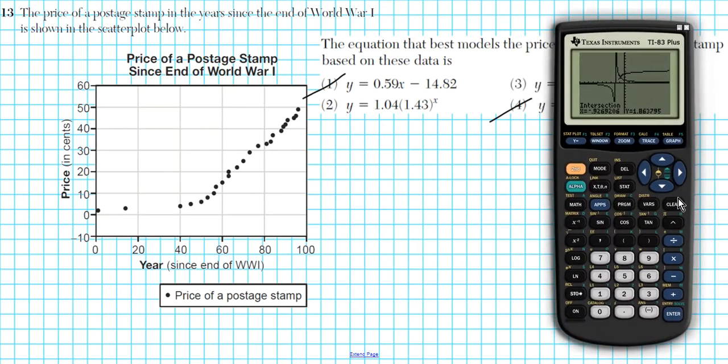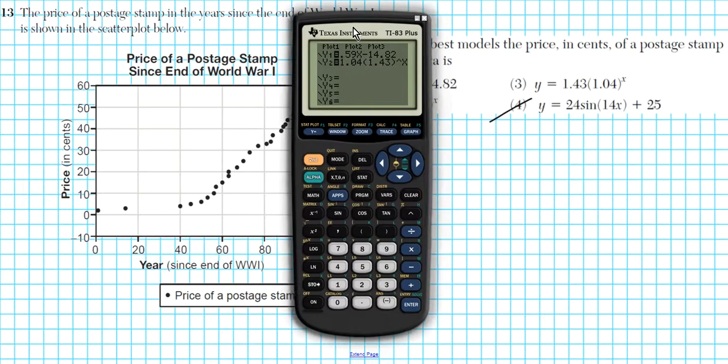Okay, all right, so let's start with the first one. We're going to do it in order. Okay, so the first one is 0.59x minus 14.82. That was the first one. The second one is 1.04 times 1.43 raised to the x power.